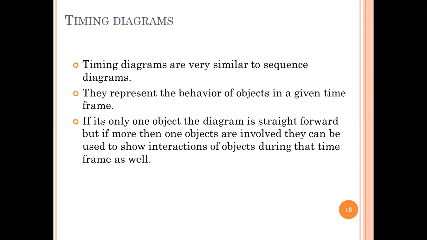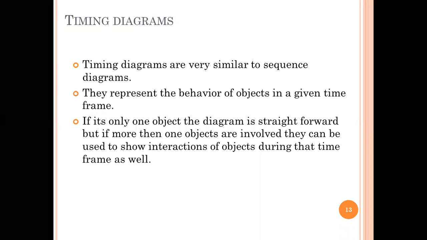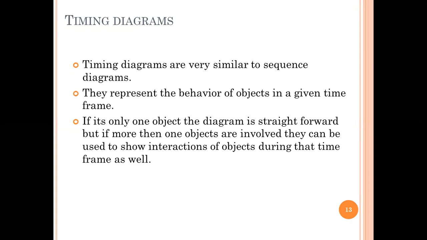We are going to analyze the requirements, design a model for them, implement them, and test them, and finally we get a quality product. In timing diagrams we are going to mention for the first stage how much time is required, for the second stage how much time is required. The timing diagram shows the time period for each stage. Okay, this is the timing diagram.